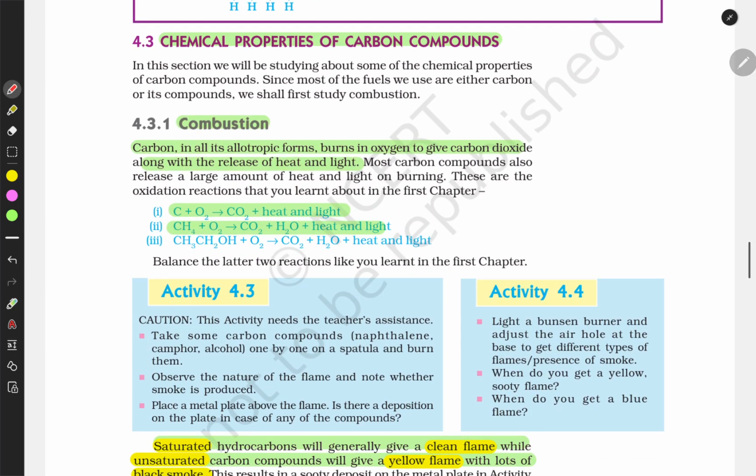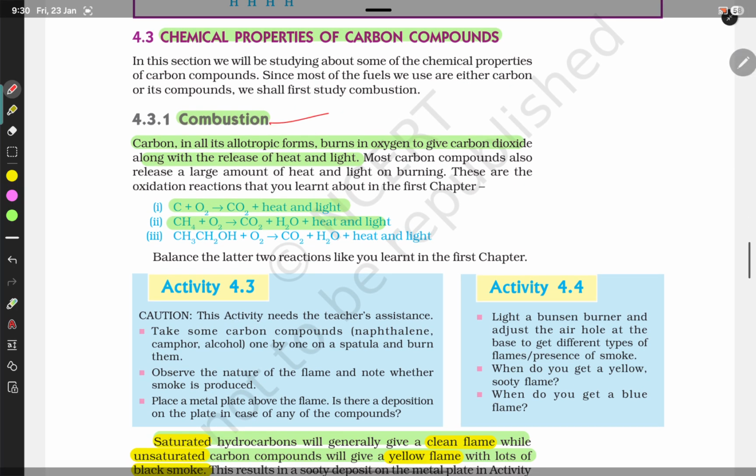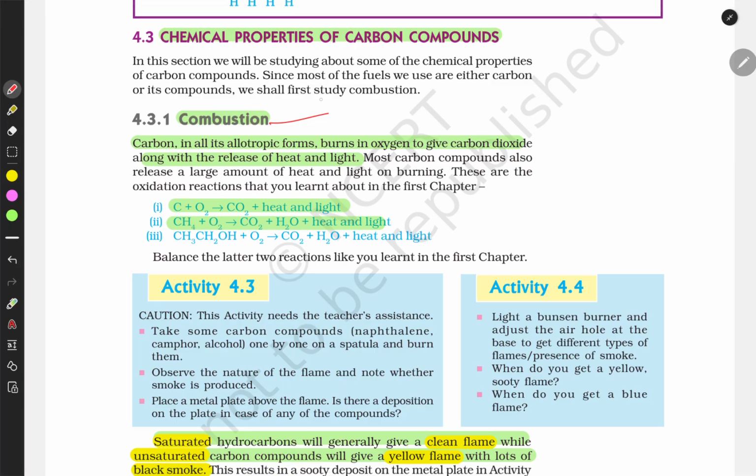What are the chemical properties of these compounds? Combustion means burning. Carbon in all its allotropic forms burns with oxygen and gives carbon dioxide along with the release of heat and light.